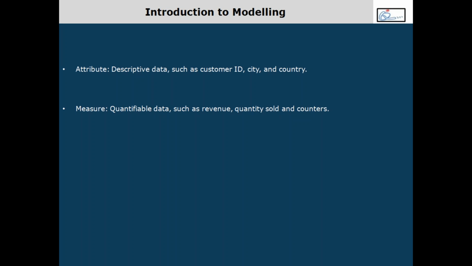For example, anything which answers a question like how many years, how many employees, what was my total revenue, what was my total amount earned, what was my total profit, or what is the number of employees in a company. Anything which can be quantified, which can be measured, is what we refer to as a measure in HANA. And any business subject or any descriptive information is what we would refer to as an attribute. For example, now let's say I give you two columns.